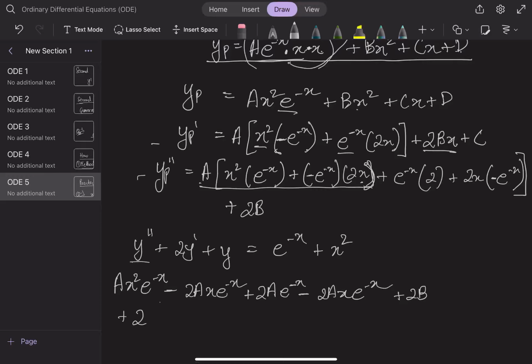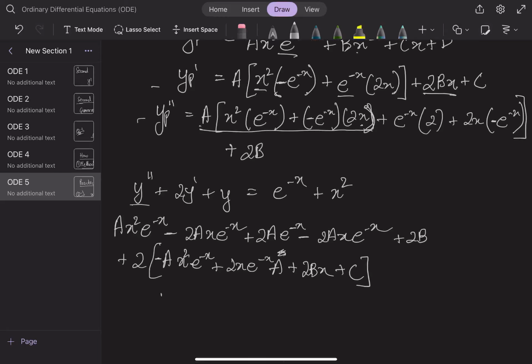Plus 2 times y dash. Y dash will become ax square minus ax square e raised to minus x plus 2x e raised to minus x multiplied by a, plus 2bx plus c, and plus y.